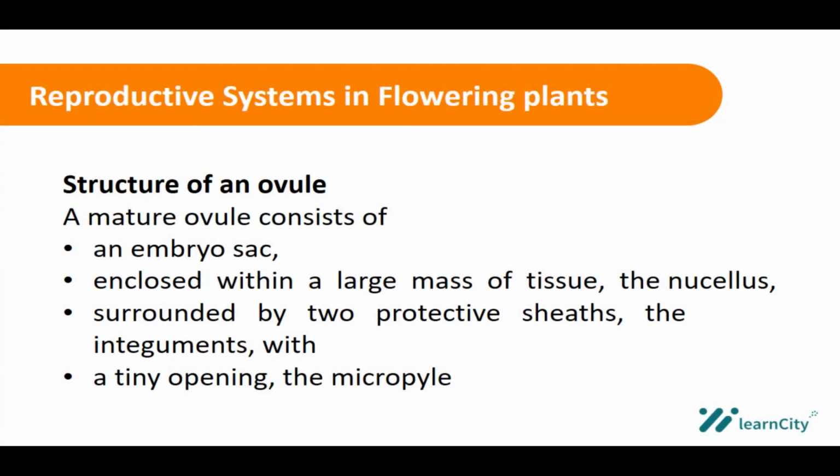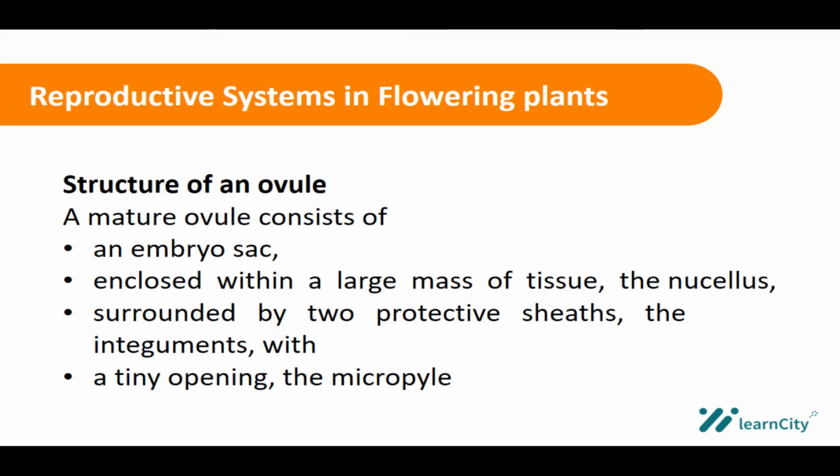So the last thing we have to talk about in this video is the structure of an ovule. Now, a mature ovule consists of the following things. It consists of an embryo sac as the first thing. Then it also has a mass of tissue, which is called the nucellus.